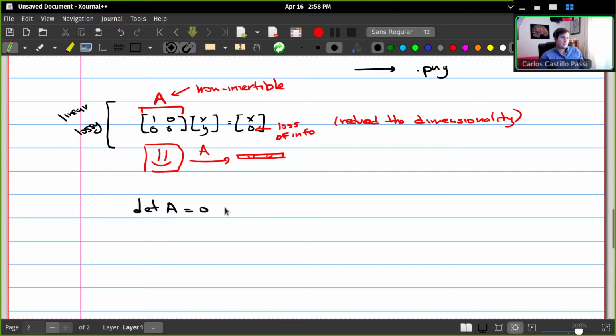And that's correct, because the determinant of a matrix in 2D is the product of the diagonal minus the product of the anti-diagonal. So it would be AD minus BC, that in this case is 1 times 0 minus 0 times 0, that is 0. So that's correct, but that is not exactly the reason.